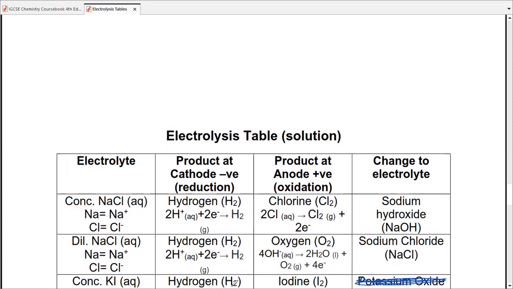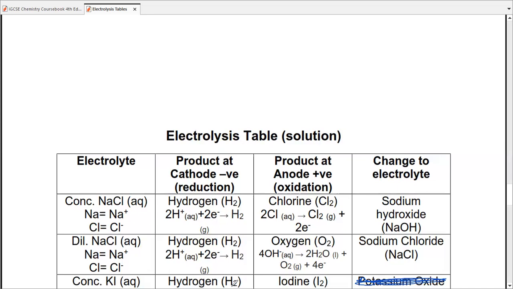Because potassium is more reactive and it is above hydrogen in the reactivity series. That's why. Great. Why do you think we're getting iodine as a product at the anode? Because it's a concentrated halide solution.